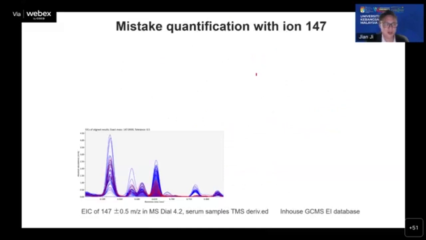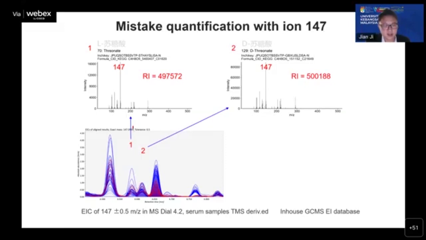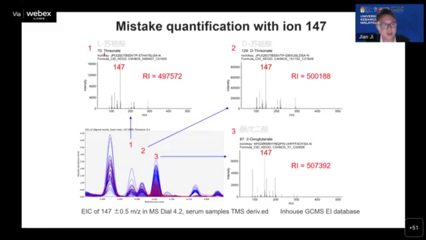Will it happen? Actually, it really happens. You will see that we have around 100 different samples here. And if we do the alignment, you will see the software makes mistakes. There are 3 different metabolites here. Peak 1 is a kind of sugar, and peak 2 is an isotope of this sugar.